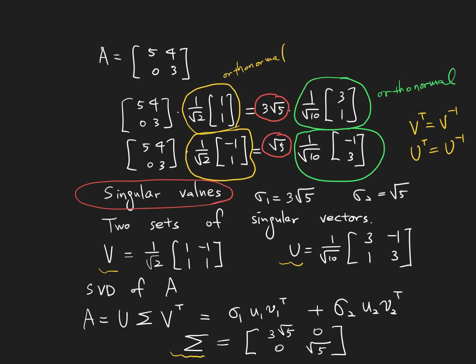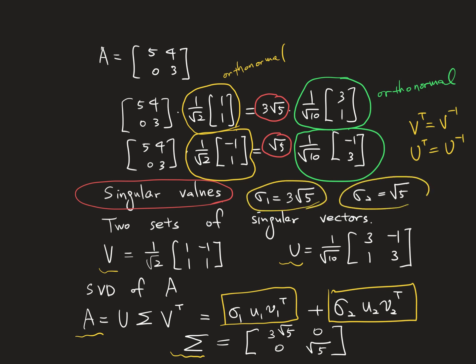And you see that matrix A is equal to this rank 1 matrix plus another rank 1 matrix. And you have to see that all the singular values are non-negative. A singular value cannot be negative, but an eigenvalue could be negative, as we know.